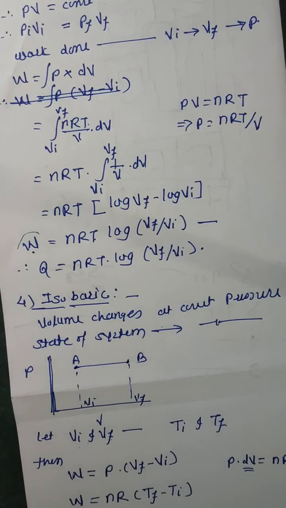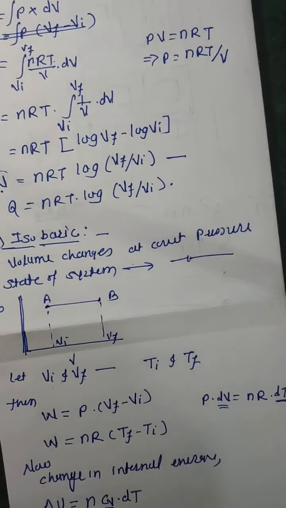Cv is the specific heat of gas at constant volume. dT is the change in temperature, which can be written as n into Cv into Tf minus Ti.